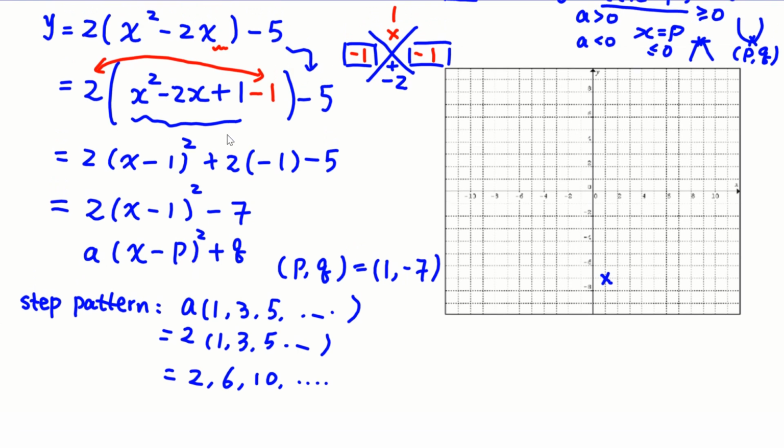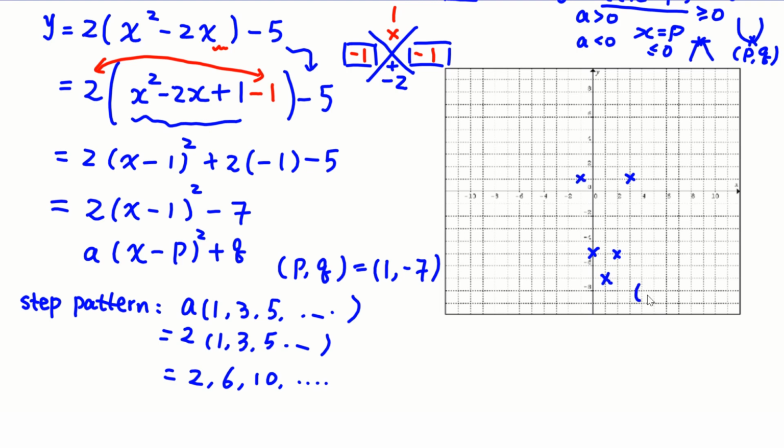The step pattern means the slope from the vertex to the next point, and the next point to the next point. So the first slope next to the vertex is right one, up 2, and the next slope is right 2... right one, up 6. And do the same thing to the left: left one up 2, left one up 6.